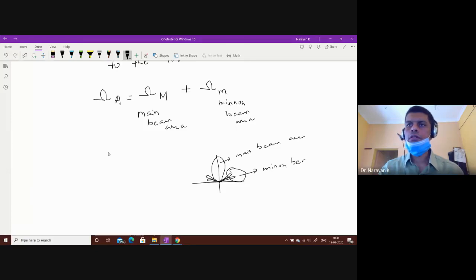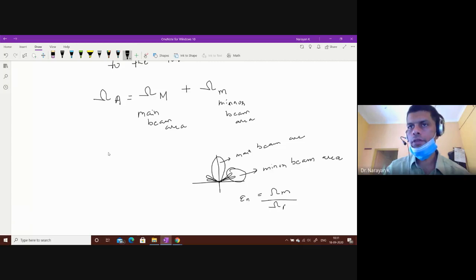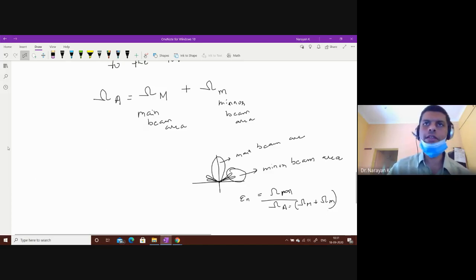So your beam efficiency will be your main beam area divided by total beam area. This total beam area is nothing but your main beam area plus minor beam area. Your design should be such that your minor beam area is kept as small as possible.